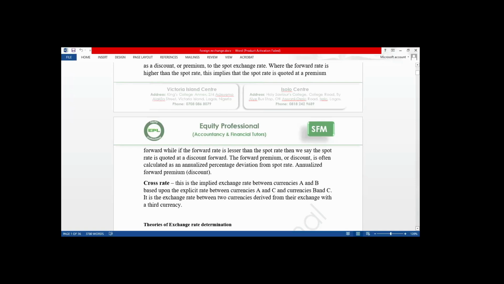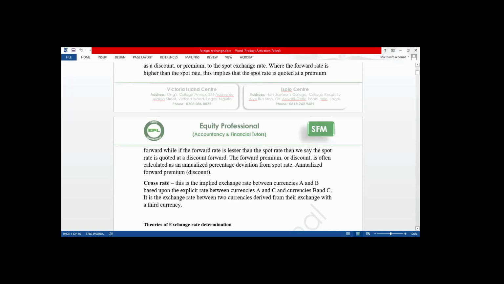When we say cross rates, we can illustrate this. There's an exchange rate between Naira and dollar. Assuming the exchange rate between Naira and dollar is 800 Naira to $1, and the exchange rate between yen and dollar is 200 yen to $1.